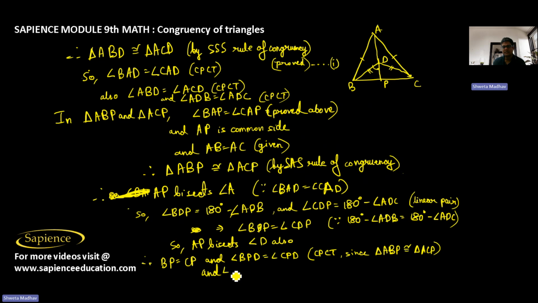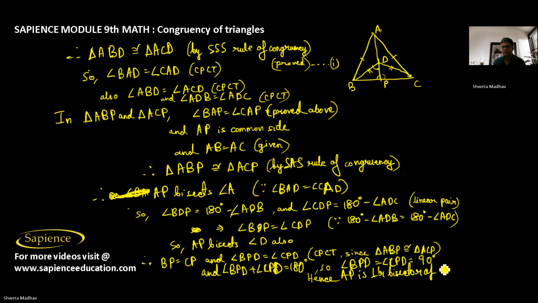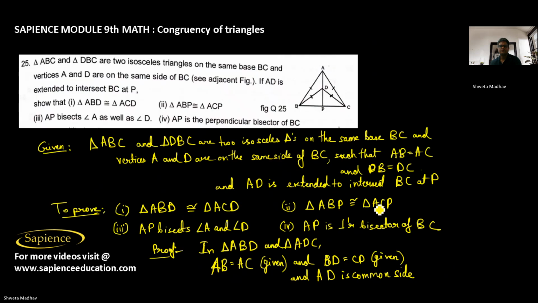And also I can see that angle BPD plus angle CPD is equal to 180 degree, since it is forming a linear pair. So I can say each of angle BPD equal to angle CPD is equal to 180 degree by 2, that is 90 degree. So hence we can say AP is the perpendicular bisector of BC. So hence proved.